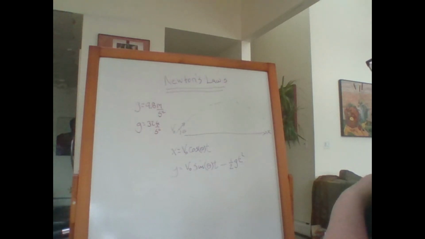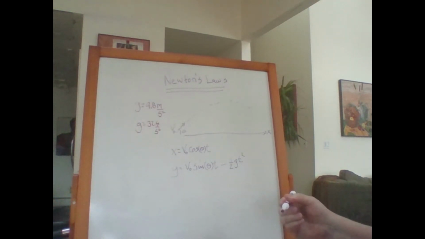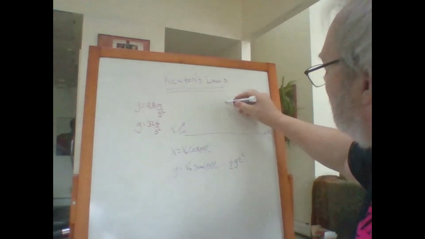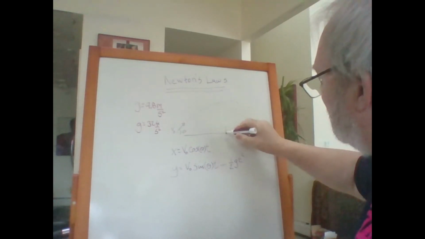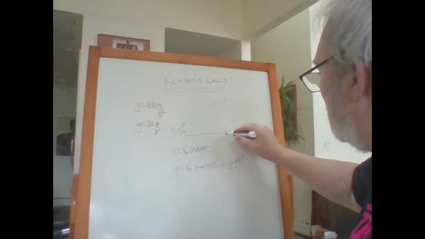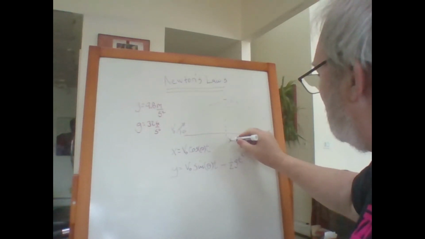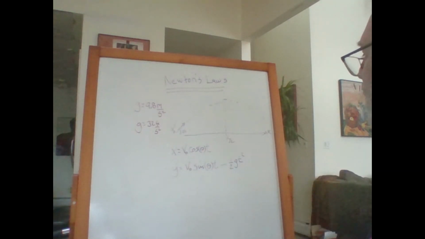So what do we do? One thing we can do is look at where y is the maximum. And where y is the maximum is halfway through the trajectory. So y is the maximum at x over 2, due to the symmetry of this problem.